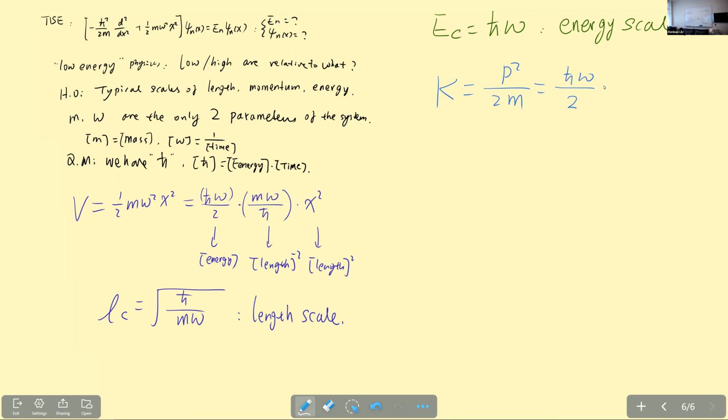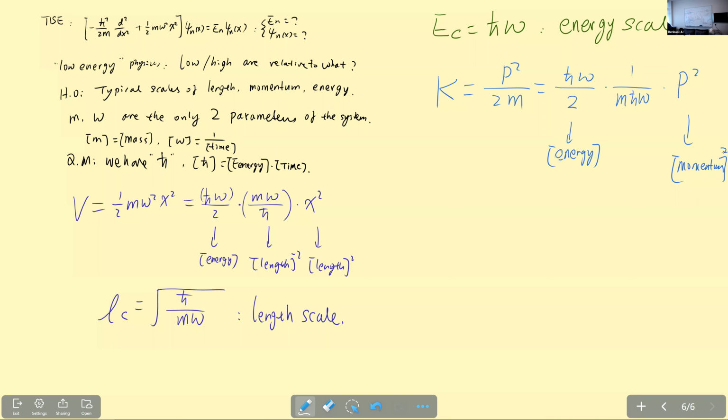To make this up, you must have p squared over m h bar omega, so this is the energy, and this is the momentum squared.